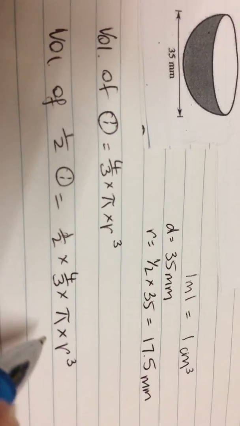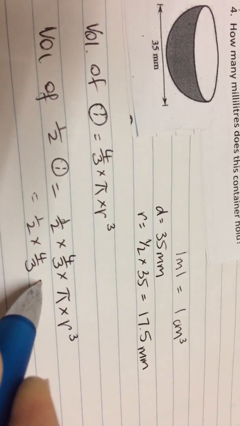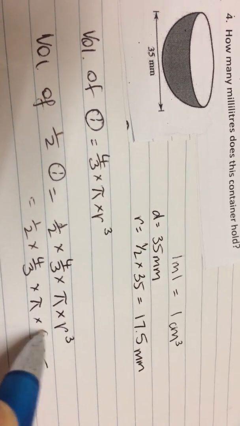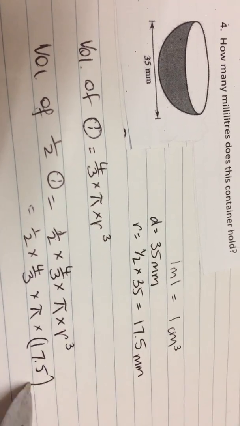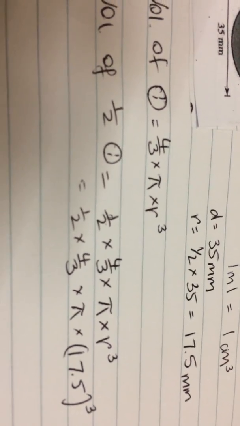So down here, I'm going to write that the volume of this half sphere is going to be a half times 4/3 times pi times 17.5 in brackets cubed, just so I remember that I'm not going to be cubing the pi or anything else, only the 17.5, only the radius.